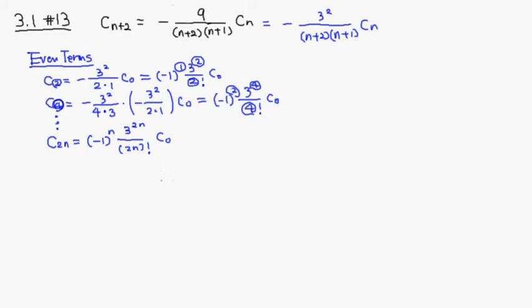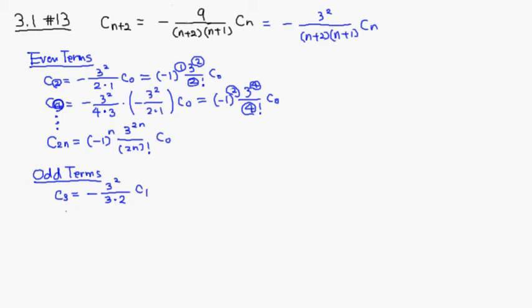All right, so we're going to do the formula for the odd ones, so C2n+1. So here are the odd terms. As usual, let's start with C3. C3 is going to be negative 3 squared, just like before, and let's say n equals 1, so it's over 3 times 2. Then you have C1.